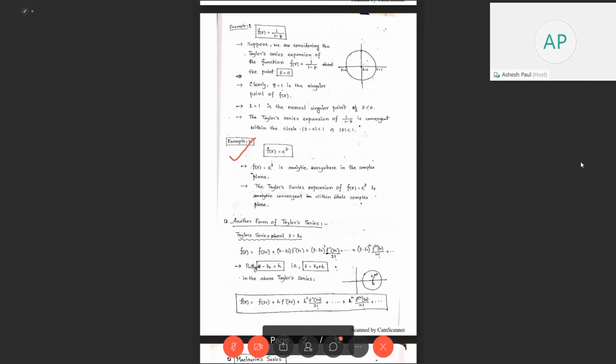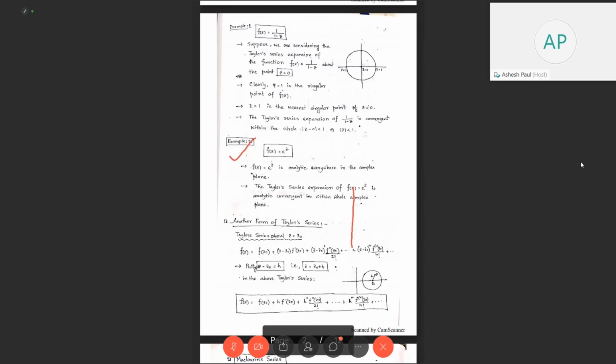There is no singular point of e^z, because exponential functions are always analytic everywhere in the complex plane. Therefore, the Taylor series expansion of e^z is valid in the whole complex plane.